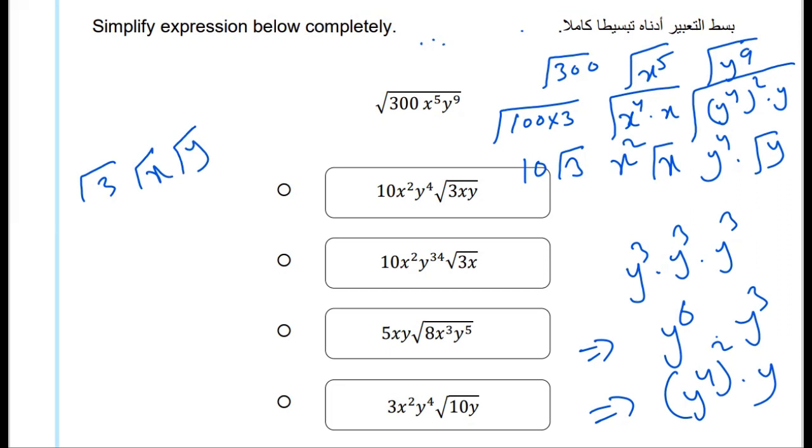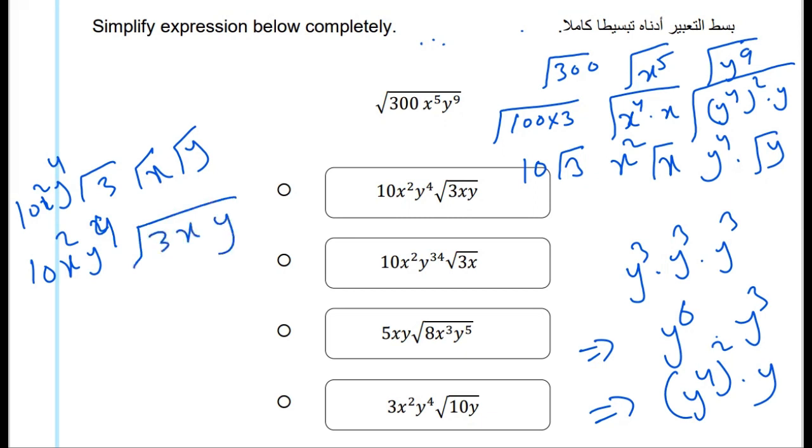You can write 10x squared y to the 4. And all of these expressions are the same radical. Square root 3xy. 10x squared y to the 4, square root 3xy, which is the first option.